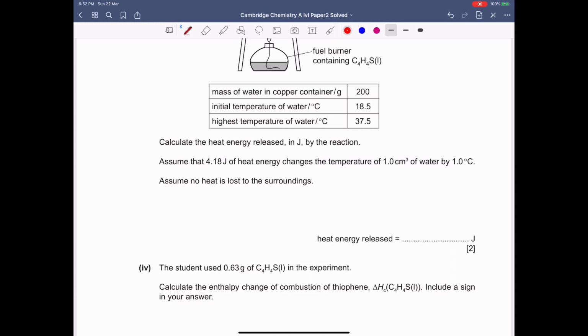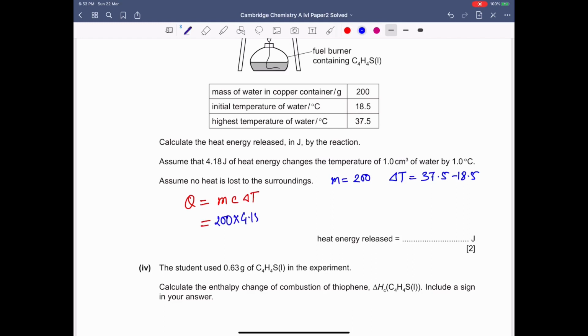Assume no heat is lost to the surroundings. So first of all, our m is equal to 200. Our del T is 37.5 minus 18.5. Formula will be Q equals mc del T.